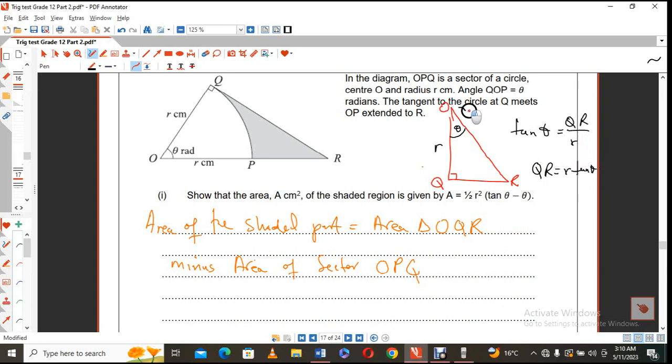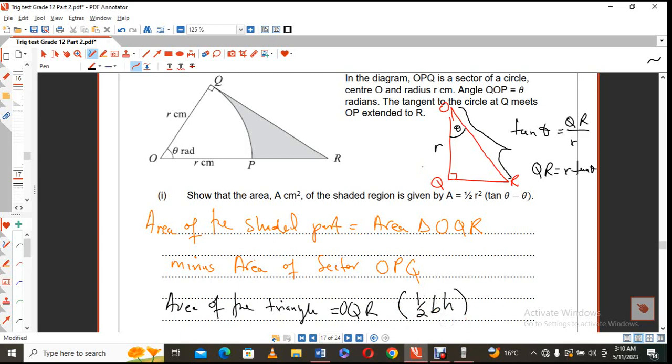So if QR gives me that value, then I can definitely calculate the area of the triangle. So let's calculate the area of triangle OQR, and I'm going to use the formula half base times height.